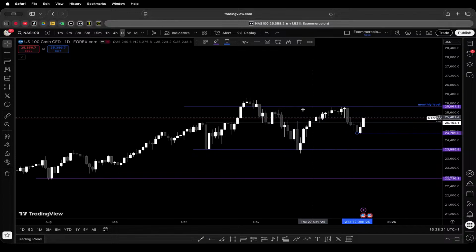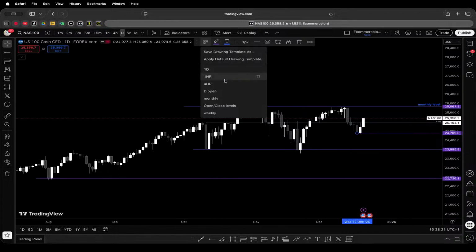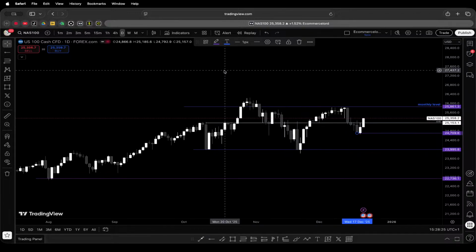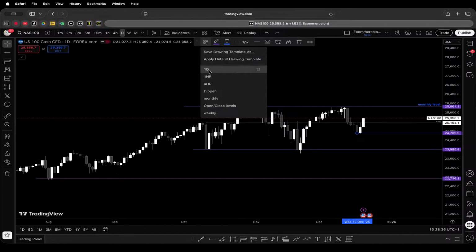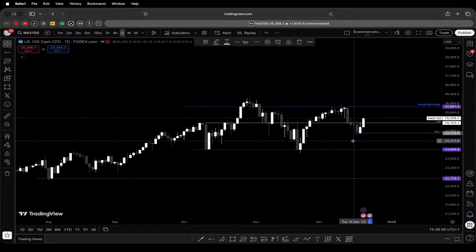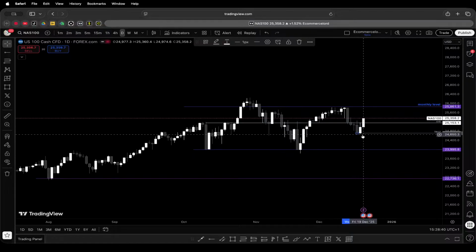So how I normally like to map out: after mapping out, you check for confluence. You map out from the right, so the nearest price action, and then look for confluence at the left, towards the back.